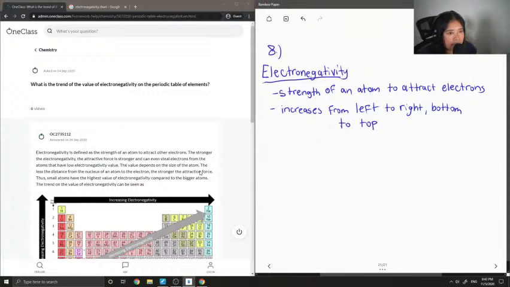So for example, let's look at a fluorine atom. I'm gonna draw out its valence electrons.